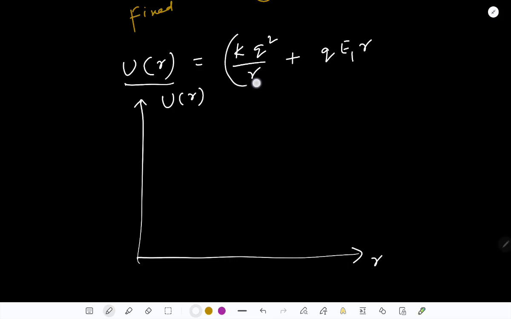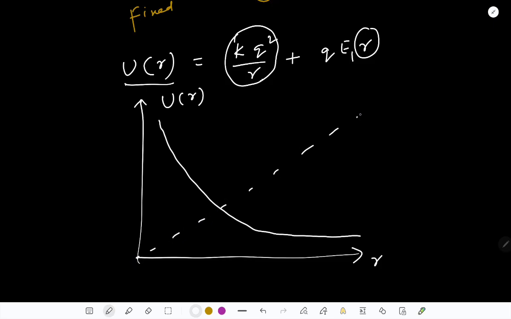The first term is kq square by r, where kq square is a constant multiplied by 1 by r. So U for this expression varies as 1 by r, that is a rectangular hyperbola like this, and another one, U varies directly proportional to r.